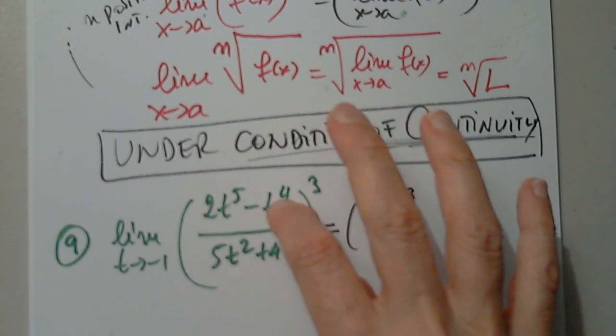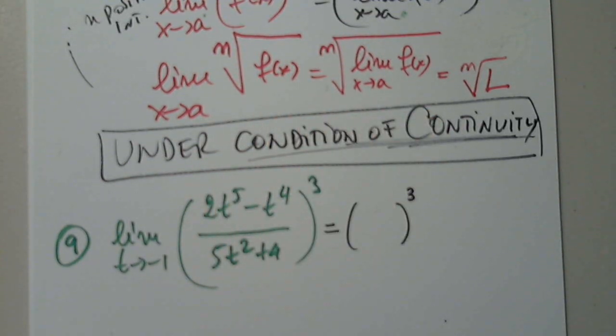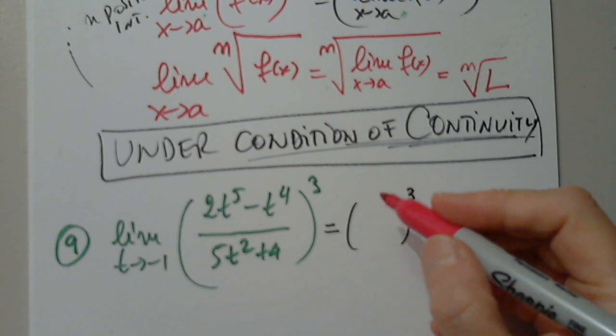Can anyone give us the numerator? Is it -3? Yes, -2 minus 1 is -3.